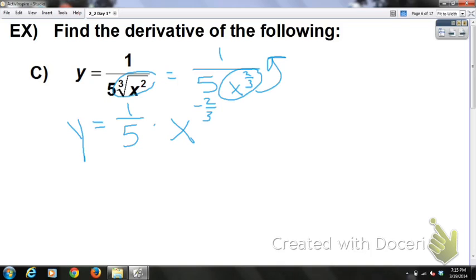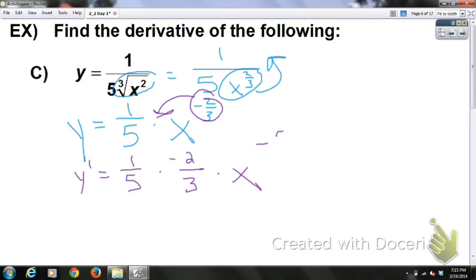So now to take the derivative, we're simply going to take our exponent, our power, and multiply it out front. So y prime would be equal to 1/5 times negative 2/3 times x to the negative 5/3 power. If we subtract 1 from negative 2/3, we're actually subtracting 3/3, which is going to give us negative 5/3.